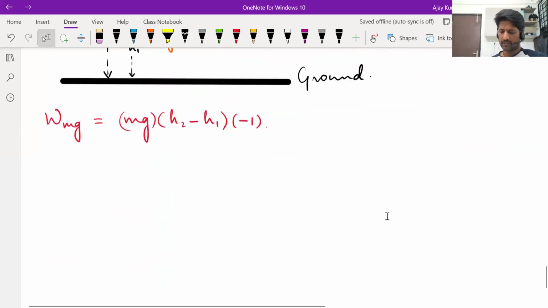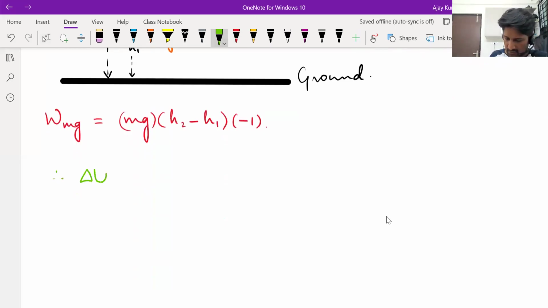And if this is the work done by gravity, which is basically a conservative force, we can say that the change in potential energy is negative of work done by mg, and that minus 1 will cancel. You will get the answer as mg into h2 minus h1.